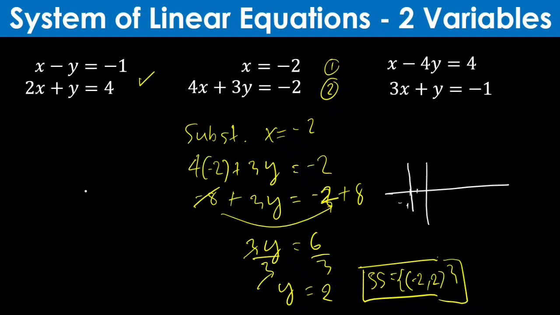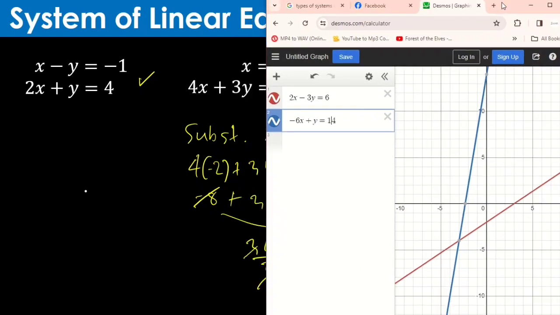So it's a vertical line that crosses -2. Sorry, that's -2. Okay, and this one you can look at it using the graphing calculator.